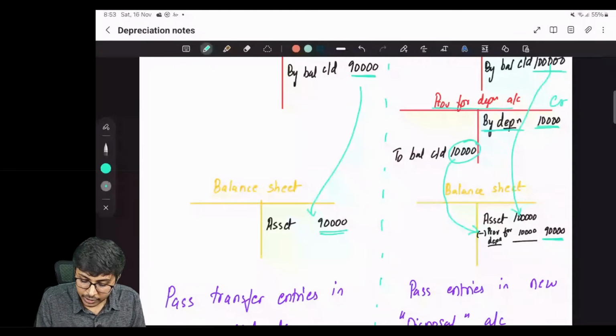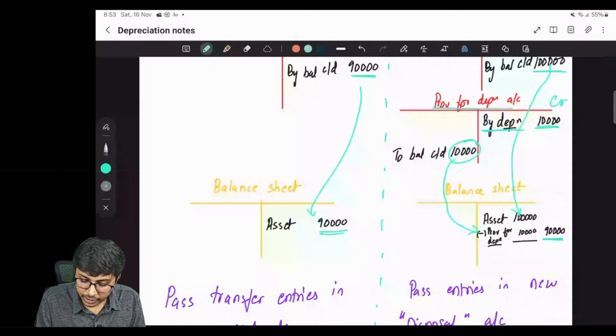If you have created provision for depreciation account, you will transfer the balance of the asset and the balance of the depreciation of that particular asset to a new account called asset disposal account. So first, if you have not created provision for depreciation, pass the sale entry in that same account. Simple, clear, over.